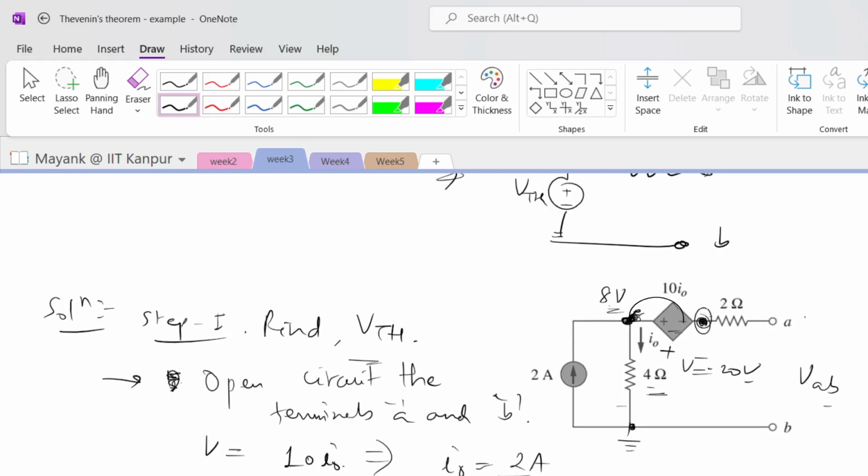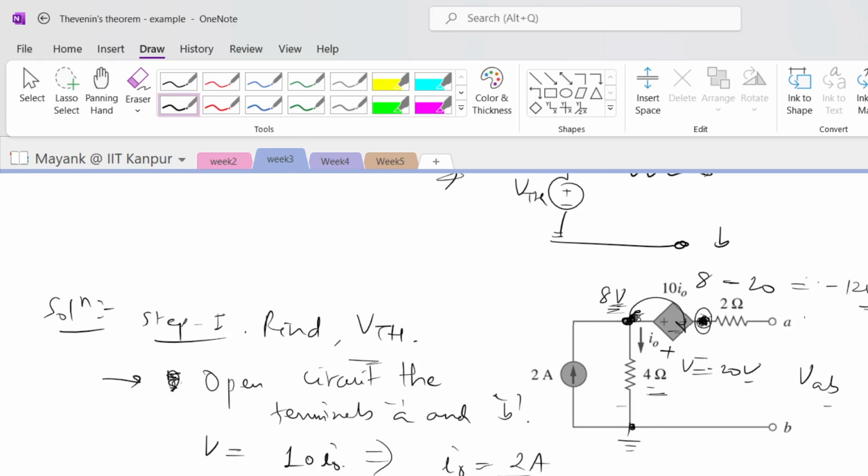So going from here to here, I will see a voltage drop, and that voltage drop will be equal to 20 volts. So if this is 8 volts, this particular node will be 8 minus 20, which is equal to minus 12 volts, right? So this node here is at minus 12 volts.